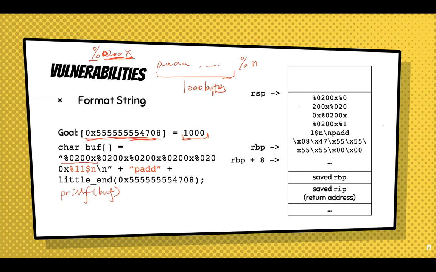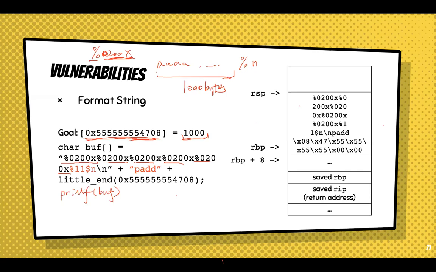But because I'm using 200 right now, I know that I need to have 5 of them, right? So that's why I put 1, 2, 3, 4, 5.